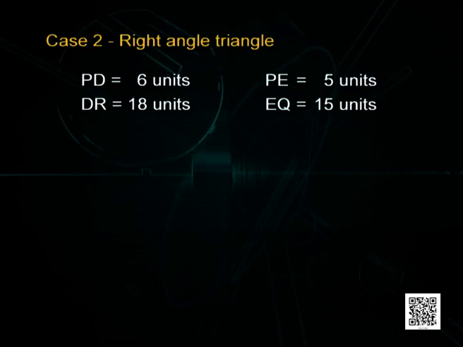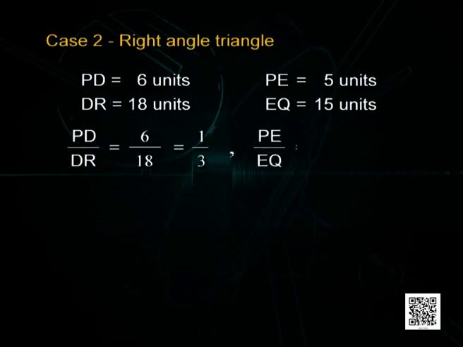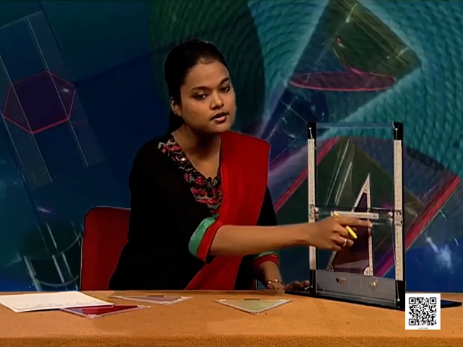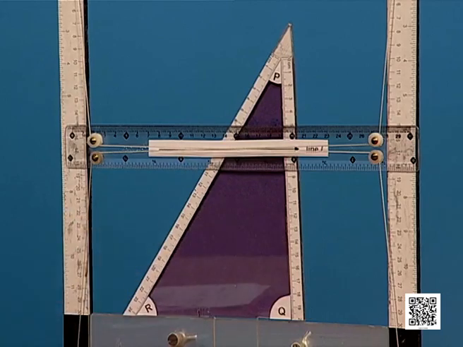Now, by mathematical manipulation, we can see that PD by DR is 6 by 18, which is coming out to be 1 by 3, and PE by EQ is 5 by 15, which is again coming out to be 1 by 3, which again shows that the other two sides are divided in the same ratio.